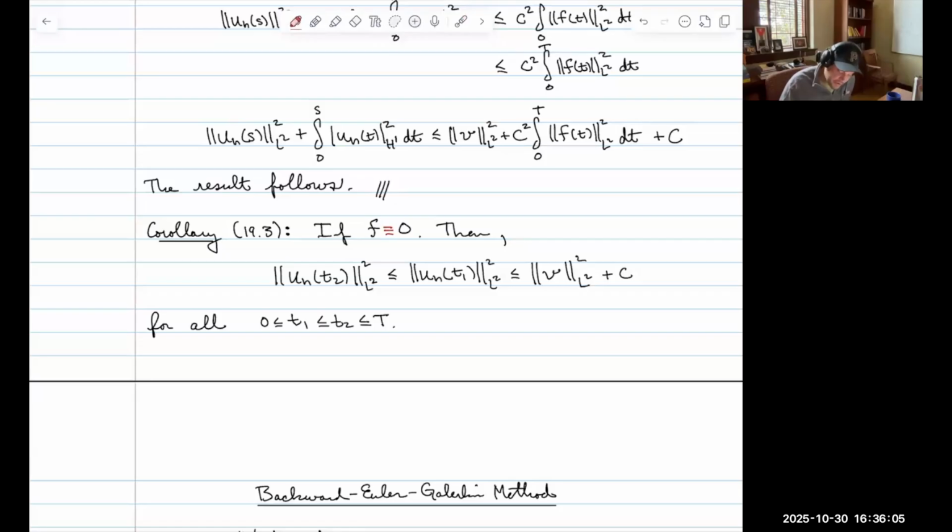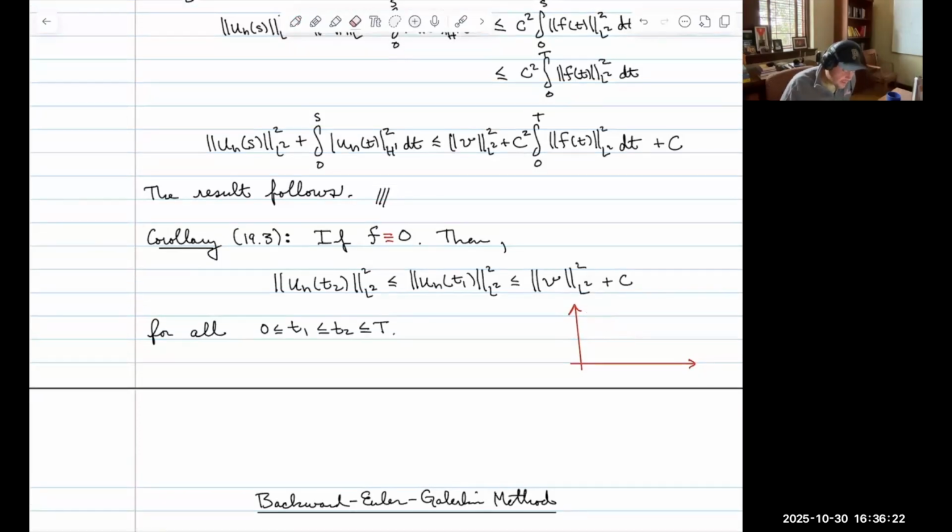So the picture is, if I track the L2 norm of the solution as a function of time, I want to describe a function which is actually decreasing, something like that.